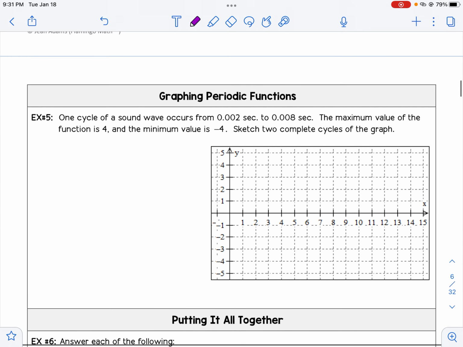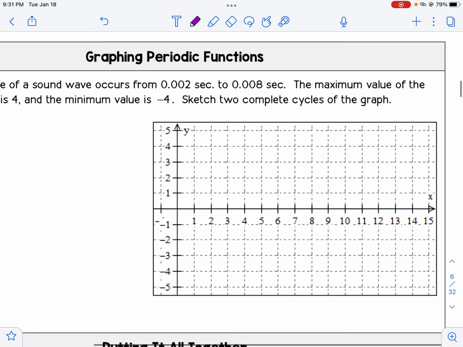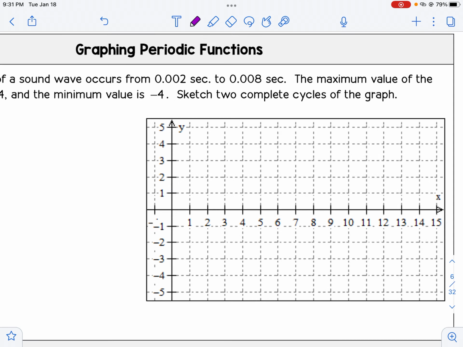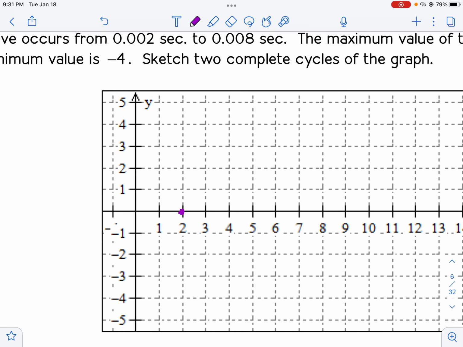Same idea here. One cycle of a sound wave occurs from 0.002 seconds to 0.008 seconds. So obviously my x-axis is scaled here. So I'm looking at 0.002 as the start, 0.008 as the finish. So halfway between 2 and 8 would be 0.005.